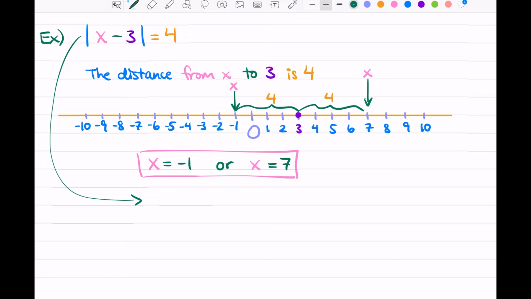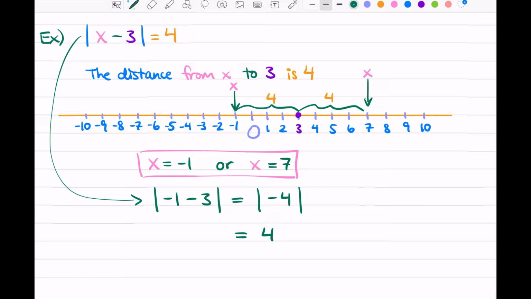In our first case, we have the distance from -1 to 3, and that would equal -1 minus 3, which is -4, and our absolute value symbol looks inside and says, you gave me the negative difference. I wanted the positive. I wanted 4. And that's the correct answer. That satisfies our clue at the top.